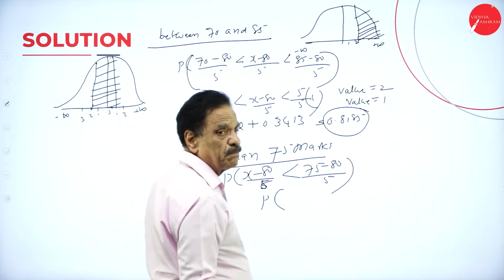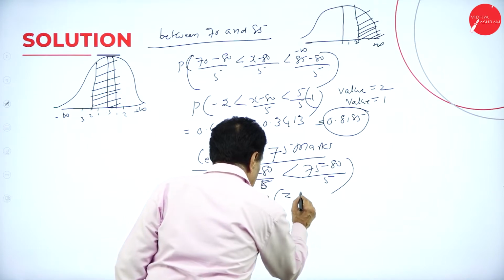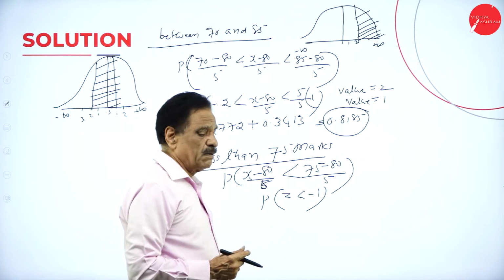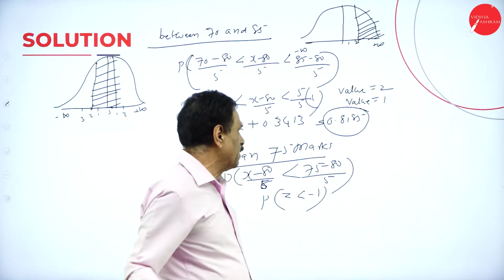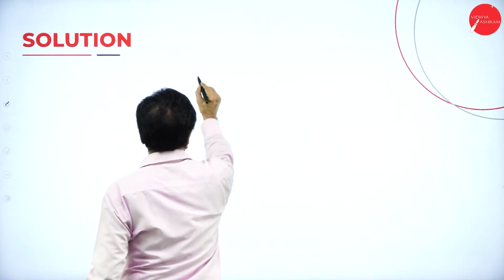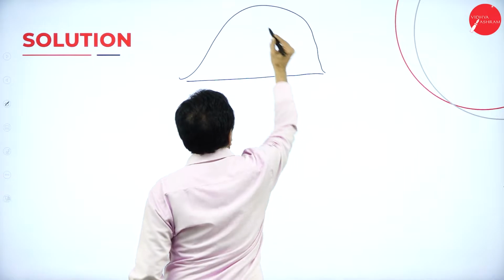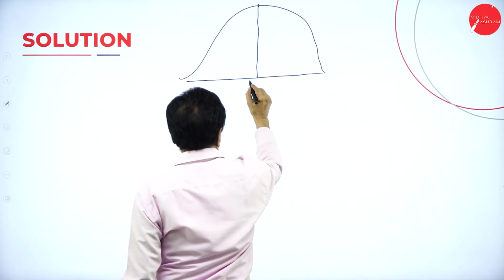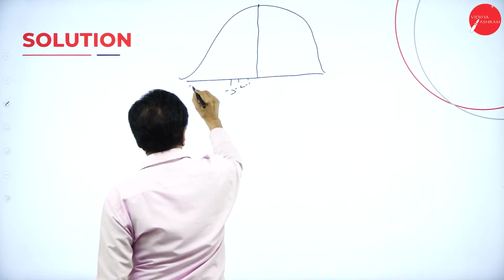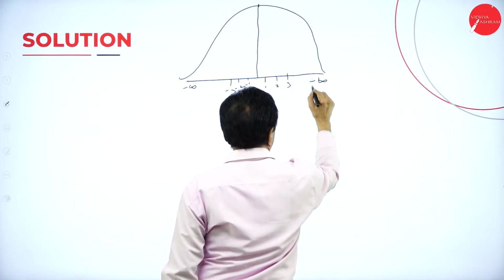Here the P, 75 minus 80 divided by 5 is nothing but Z less than minus 1. 75 minus 80 is minus 5, divided by 5 is minus 1. The value of the 1, minus 1. So you have to draw the figure here, a negative figure. Minus 1, minus 2, minus 3, minus infinity, plus 1, plus 2, plus 3, positive infinity.